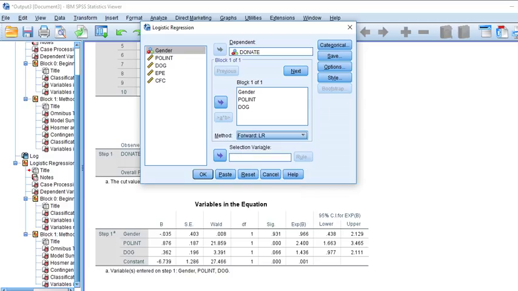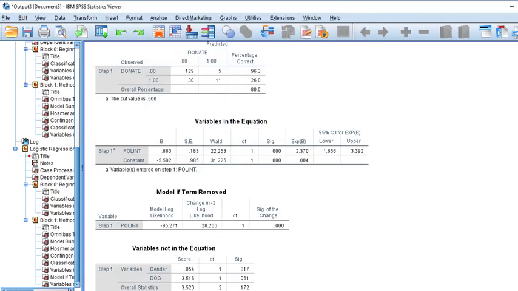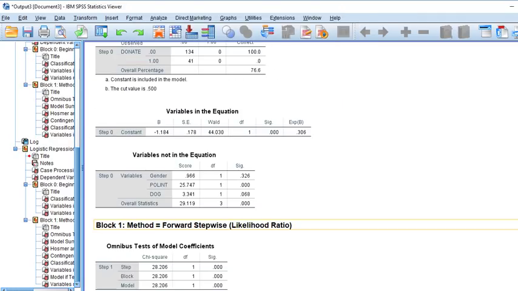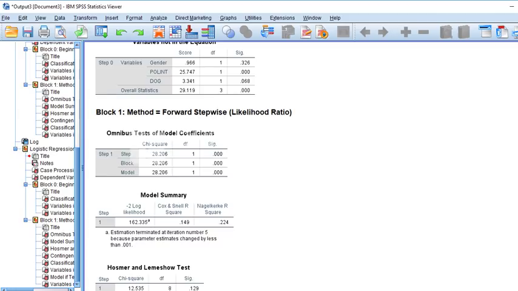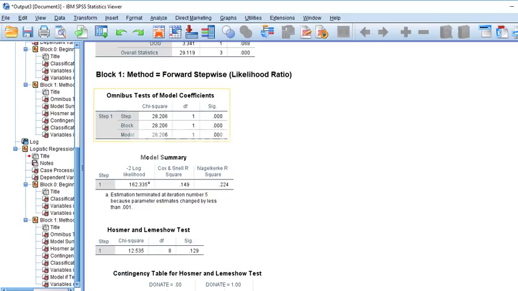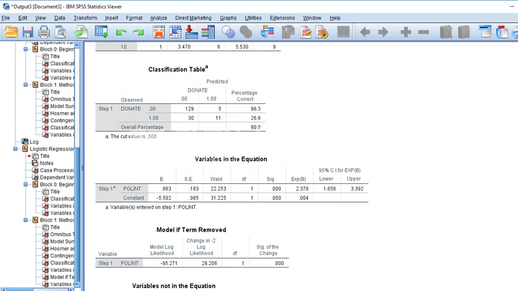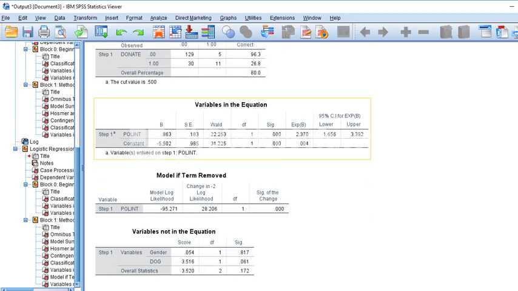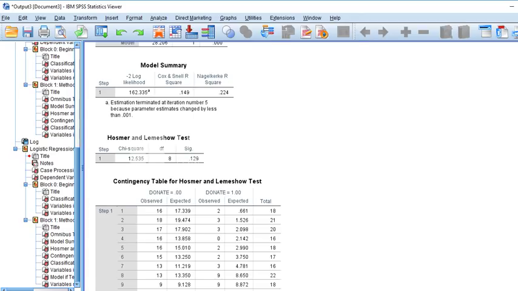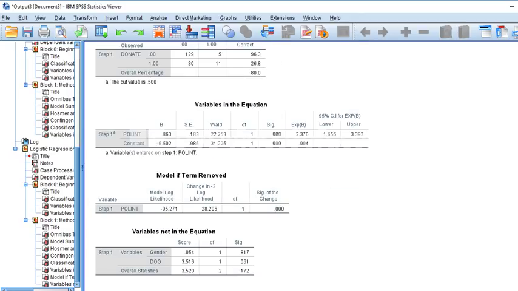And just to show you what it looks like, I just run it. So you can see right here, forward stepwise likelihood ratio. This is the first block right here. All of this is exactly the same as what we saw before in terms of how it's presented. All the values are the same. And you'll notice that essentially it looks like really only one predictor variable entered.